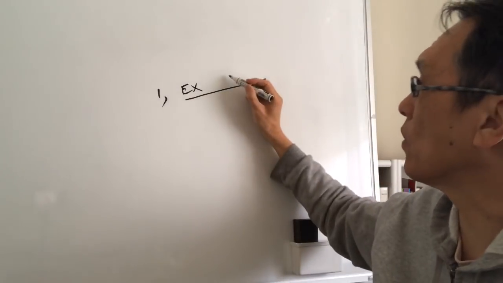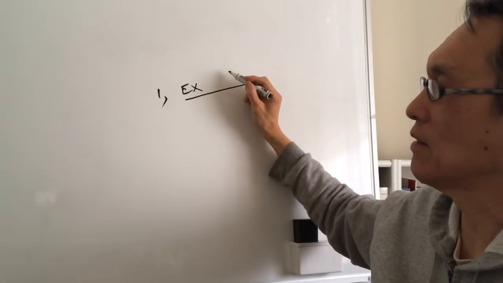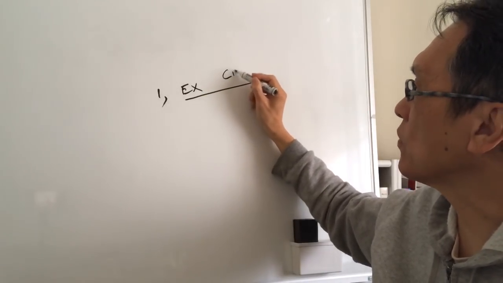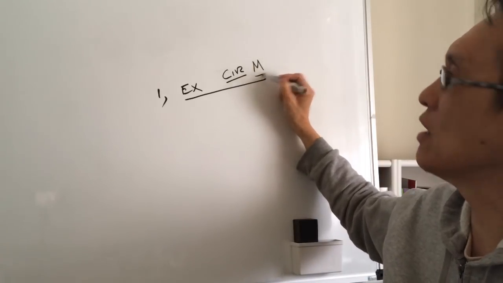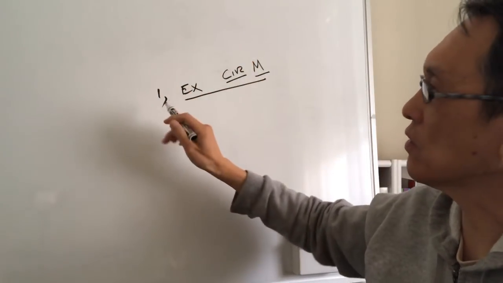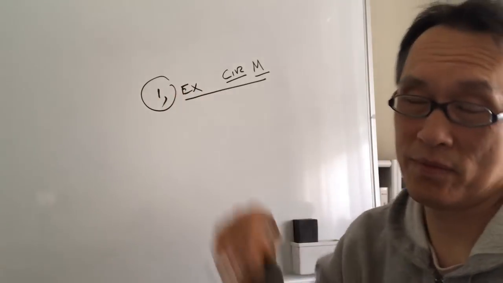So it is for improving circulation and muscle flexibility, and so forth. So that's the first type.